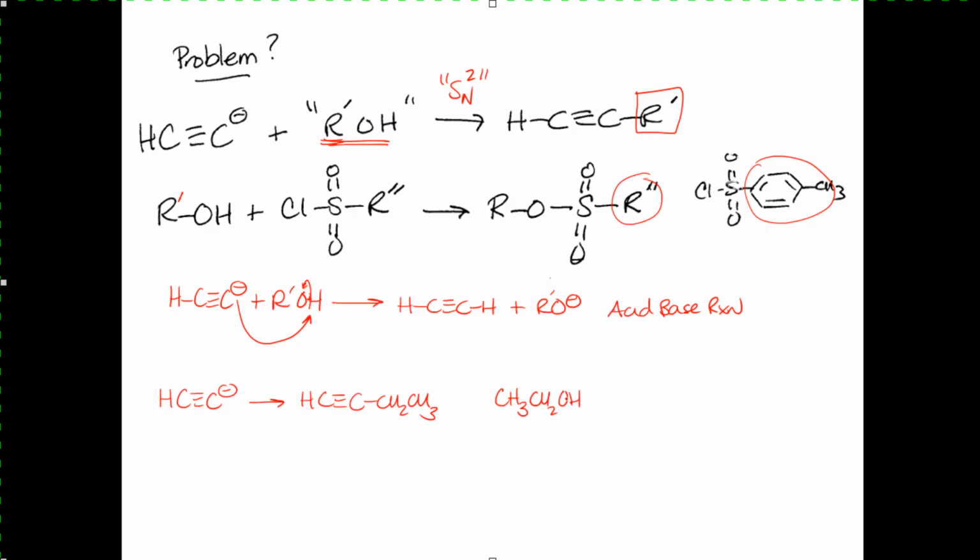What I would need to do is take that ethyl alcohol and react it with the tosyl chloride. And what would that form? That would form my tosylate ester.